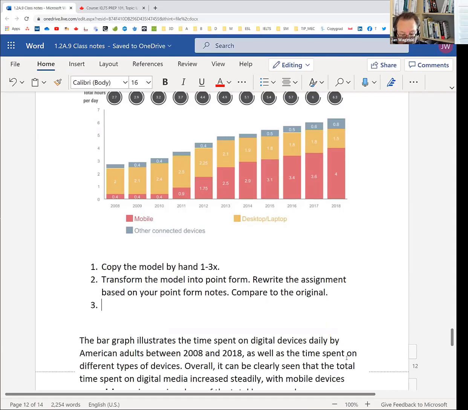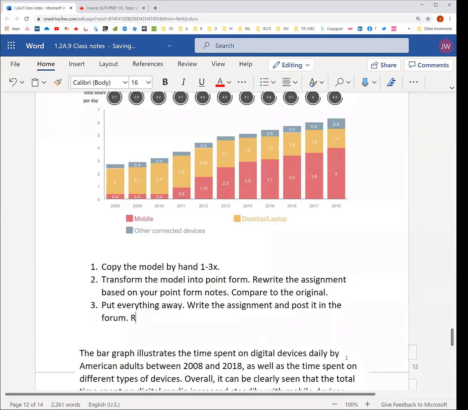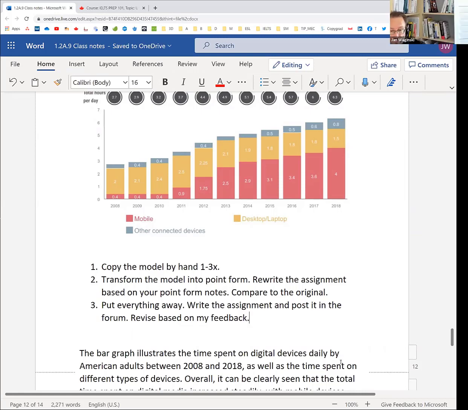The third step is put everything away. So you don't look at your notes, don't look at anything.